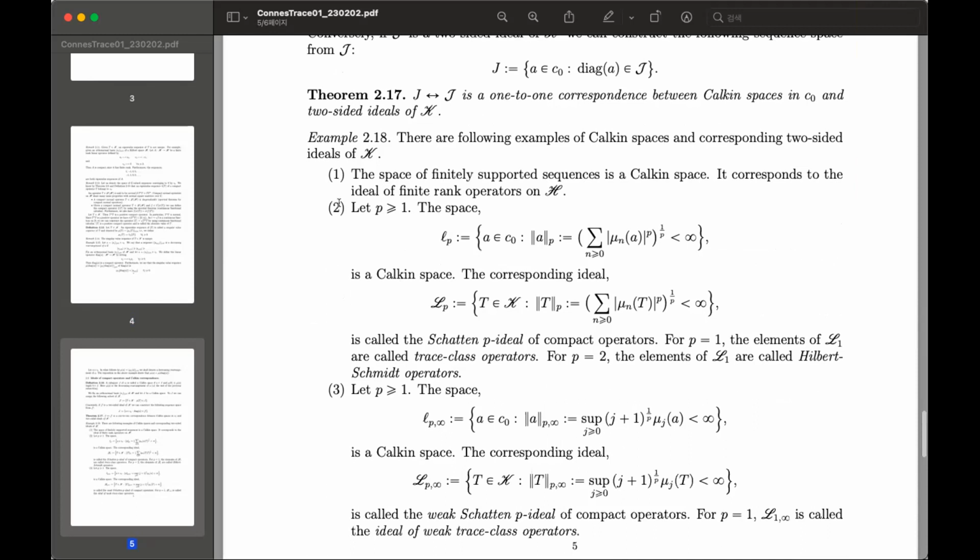The most typical example is the small lp space.